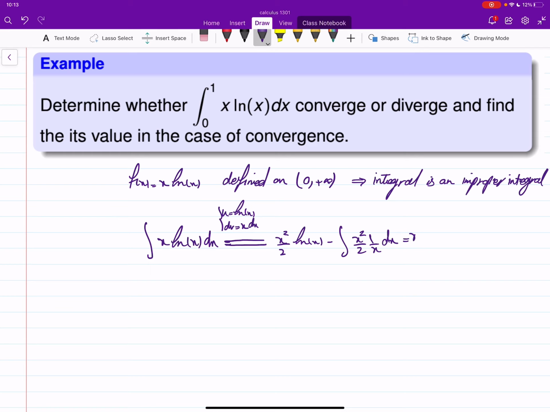And this is x squared over 2 ln x minus x squared over 4. That's the integral. Now, I don't want to go up to 0. I want to get close to 0.